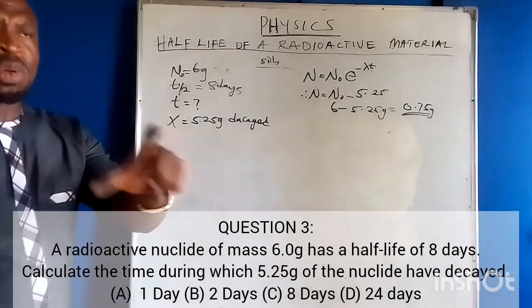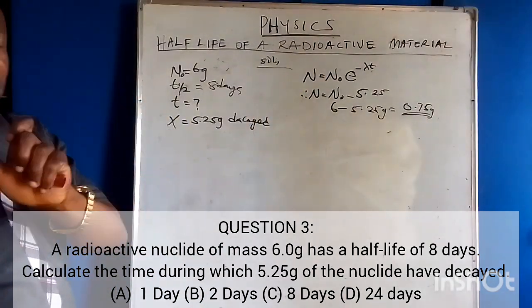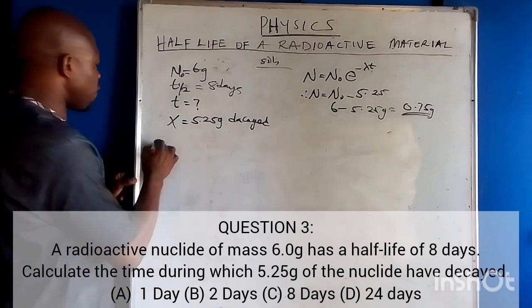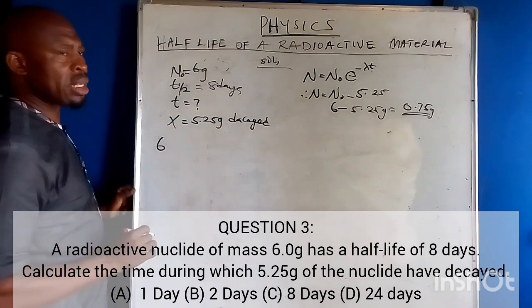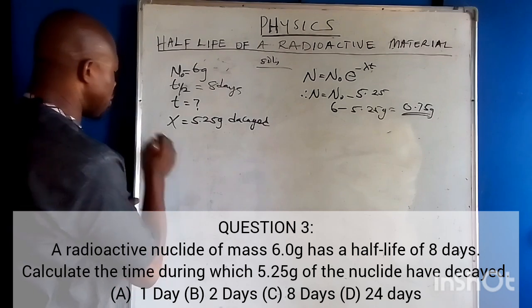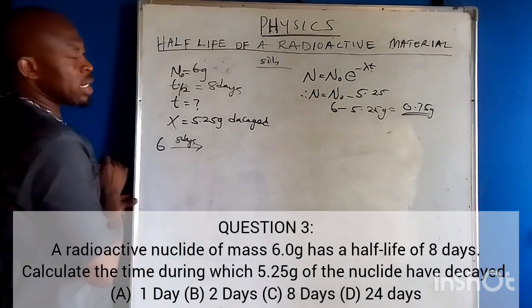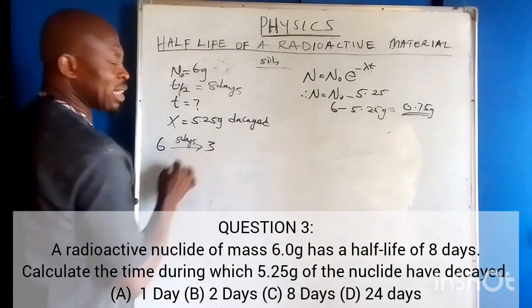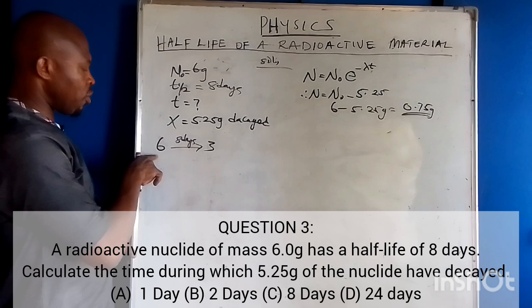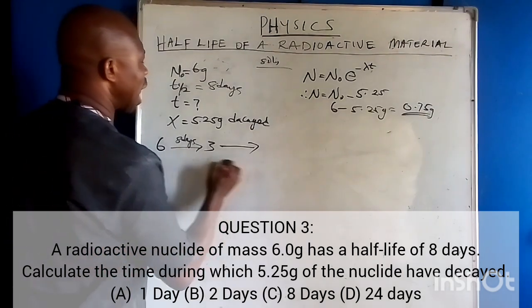Now, we are going to solve this the same way we solved the first one. If this is the original mass, after 8 days, 6 will decay and 3 will remain, half of 6.